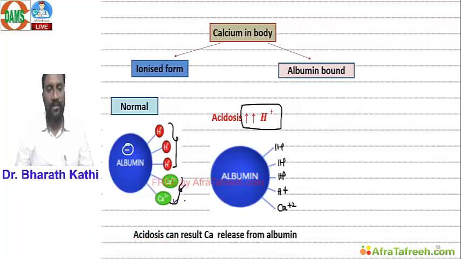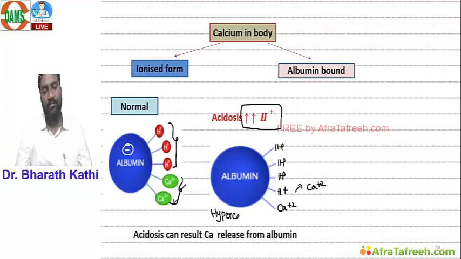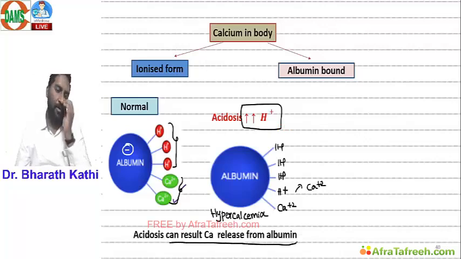So previously 2 calcium were albumin bound. Now only 1 calcium is albumin bound. So this calcium has been released into circulation. So because of that, what will happen? There can be excess calcium in circulation causing hypercalcemia like situation. Acidosis can release calcium from albumin.